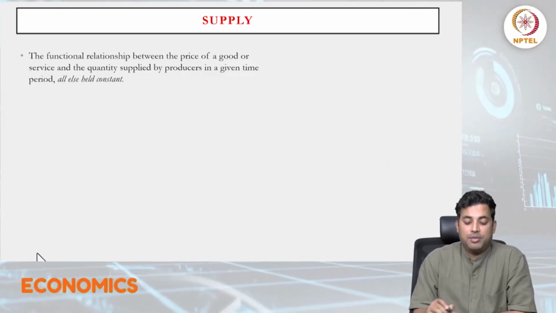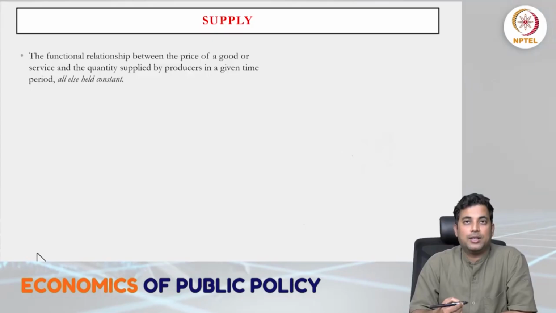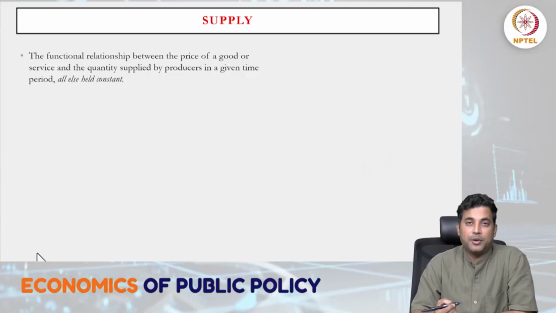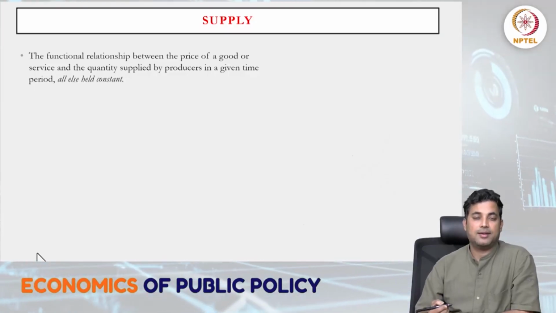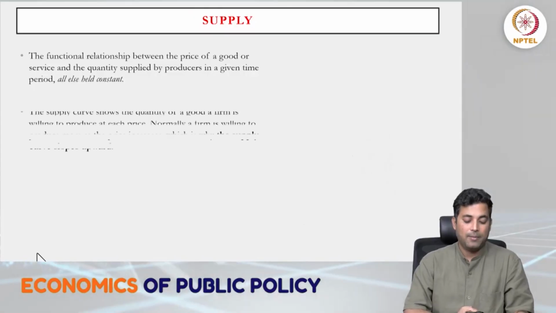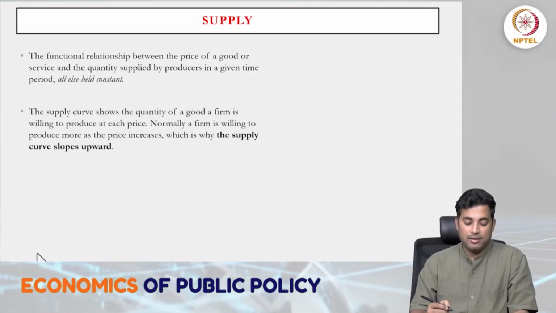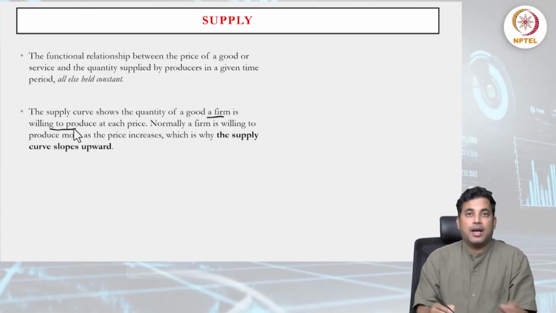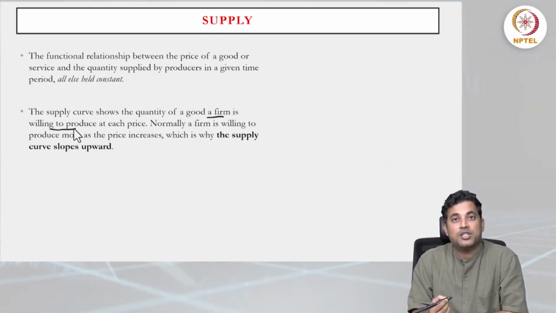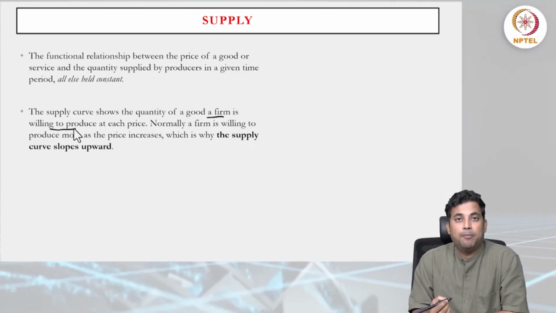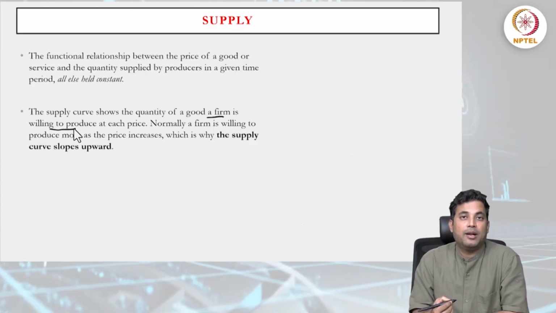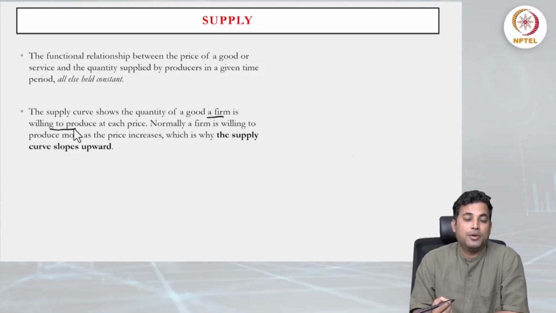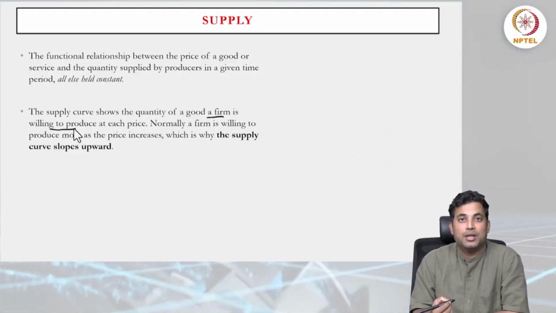So the functional relationship between the price of a good or service and the quantity supplied by the producers is represented by the supply curve. The supply curve shows how much of a good a firm is willing to produce, and that's why we discussed the shutdown point, because below it the firm will incur losses, and producers will not be encouraged to produce goods and services.